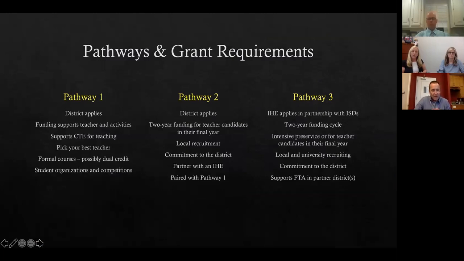Okay, so there are 3 pathways in the Rural Grow Your Own grant, and I strongly encourage you not to rely solely on this website or this webinar. You need to attend the webinar that TEA produced around the grant, of course. But there are 3 pathways: pathway 1, 2, and 3, aptly named.